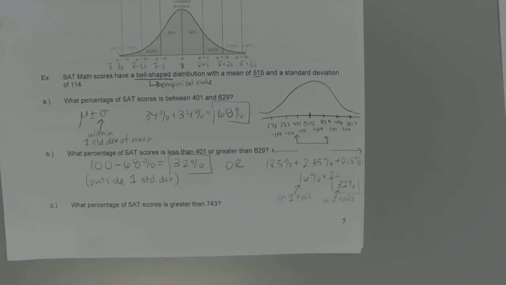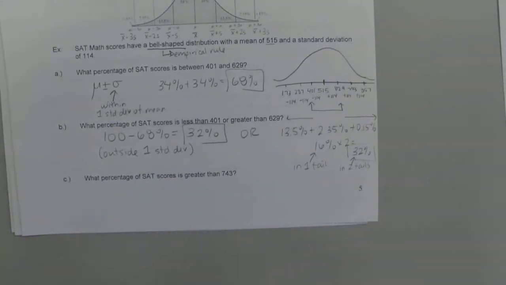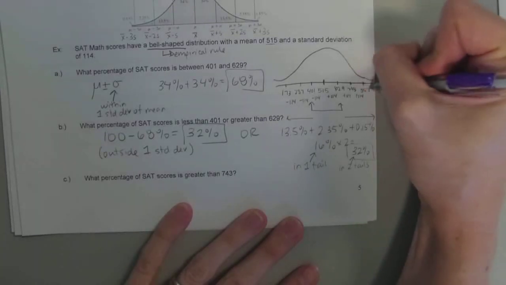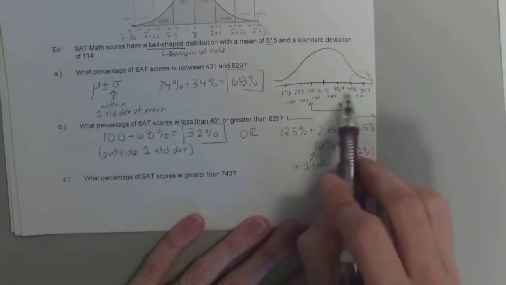If you're strategic and you like to use this map chunk for chunk, that would work as well. Just add up each individual segment to see how much is in one tail, and you'll get 16%. Double it because you have 2 tails, and you'll get that 32%. Last but not least, what percent of SAT scores is greater than 743? So notice that's this right here.